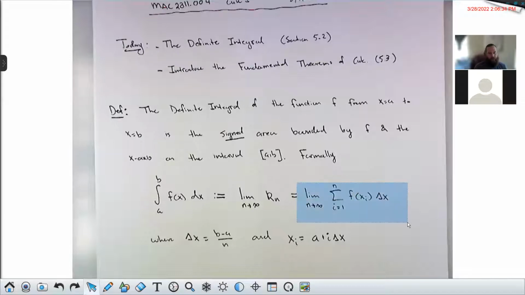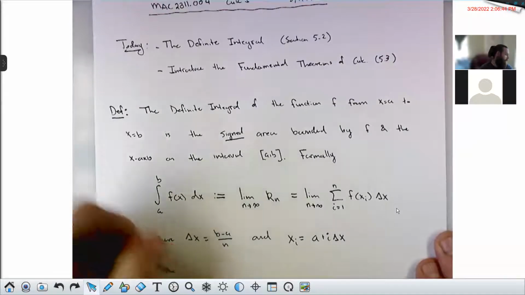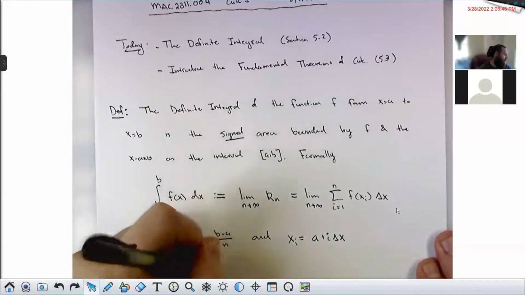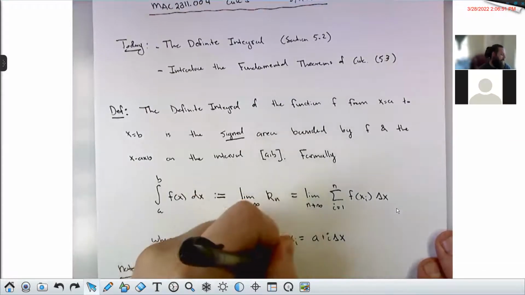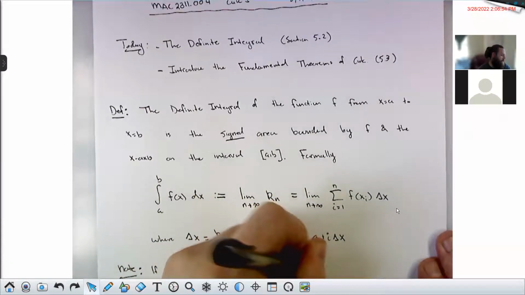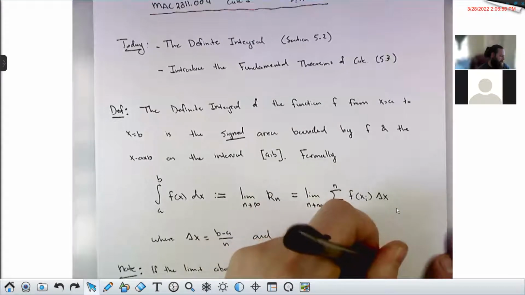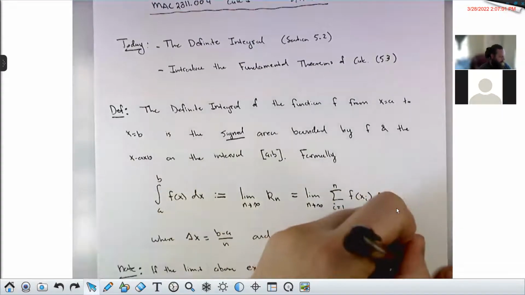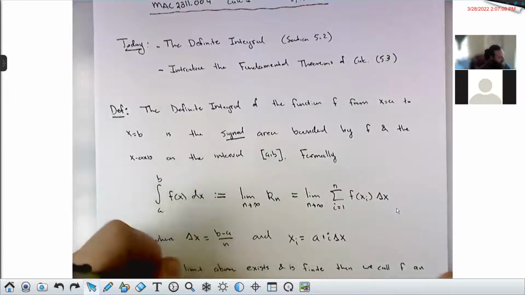So if the limit above exists and is finite, then we call f an integrable function.